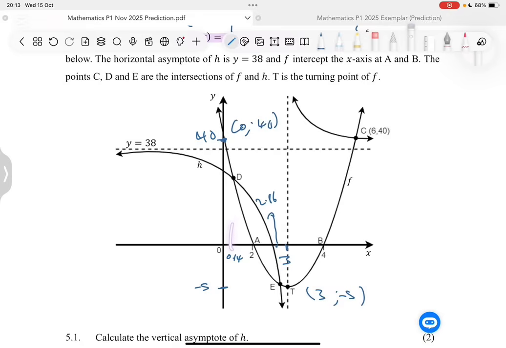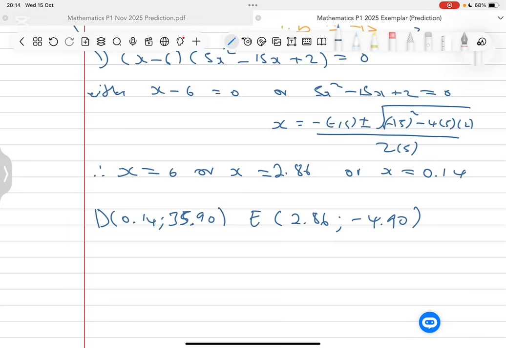We are saying that if we put this number here, we should get a 35. So here we're mapping negative 4.90, and we're getting 35.90 as well. This will make sense to me because if I have a 35 here and a 38 here, they're not far apart from each other. That's really comforting. It really makes sense to me. So that is how you will find your coordinates of D and E.